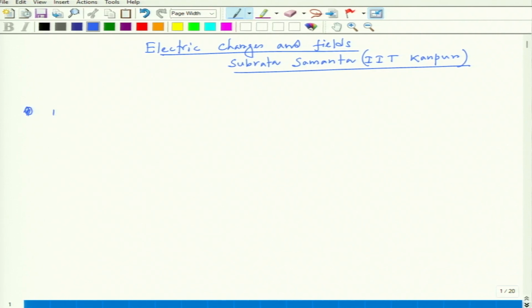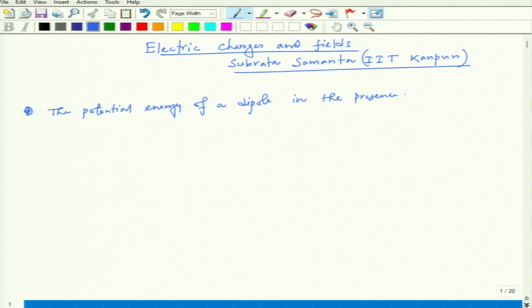Potential energy of a dipole in the presence of an external field.